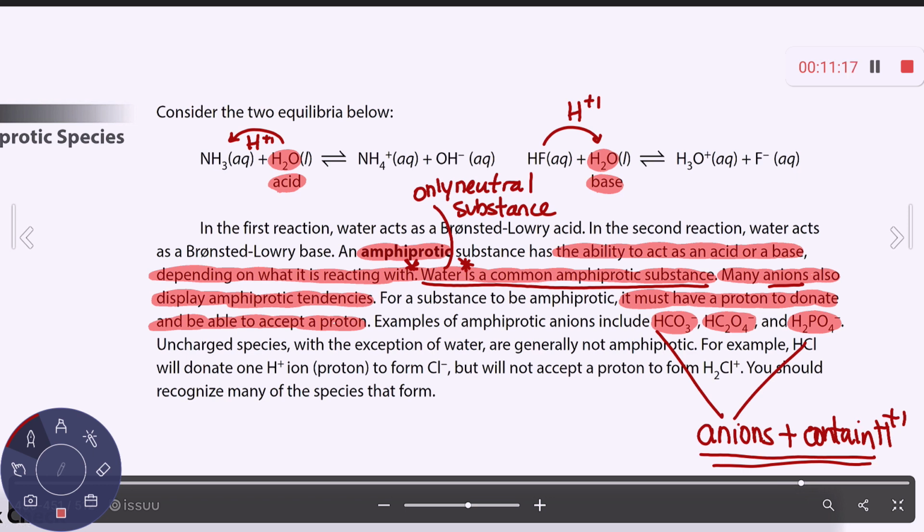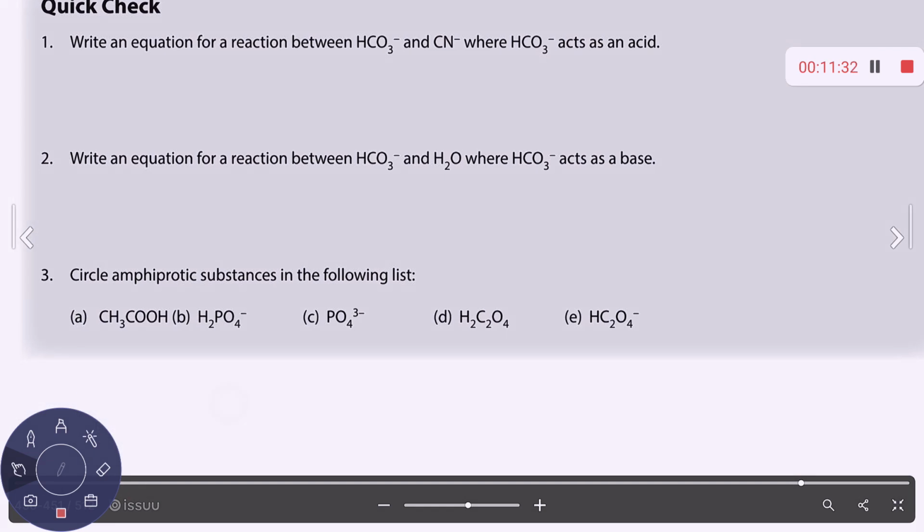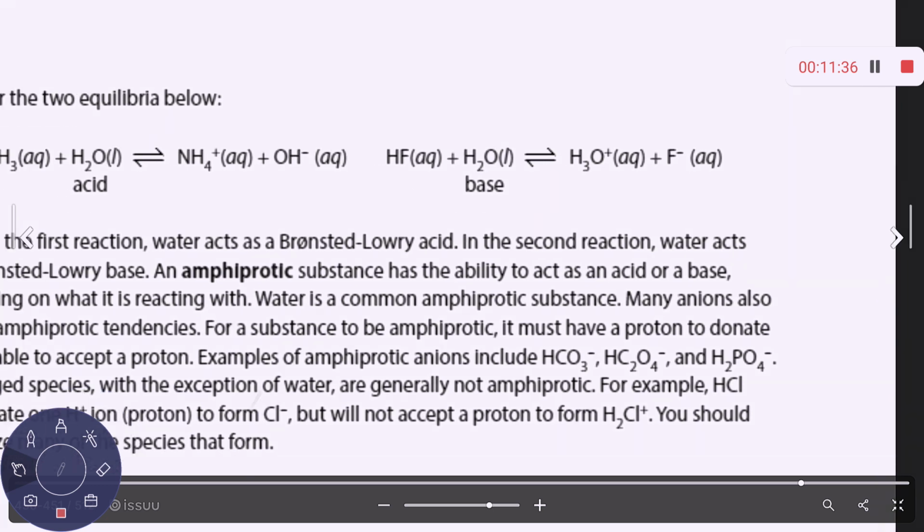Okay. Let's come down here. It says, circle the amphiprotic substances in the following list. Oh, be careful.